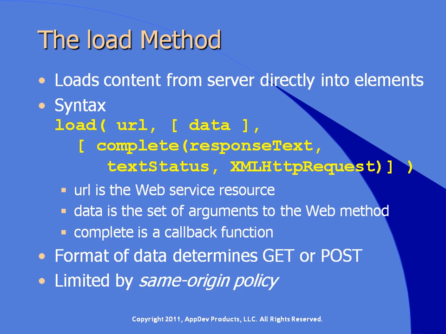Now, one bit of warning. AJAX requests are generally limited by the browser to the same web server from which the browser loaded the page, and in which the jQuery code is executing. That works fine for the sample application because, as you saw, the web services are within the same project, located even within the same folder as the HTML pages. But this is called the same origin policy.